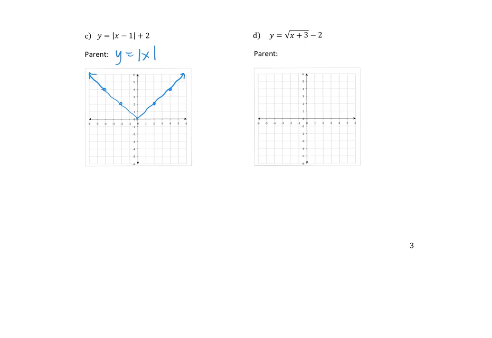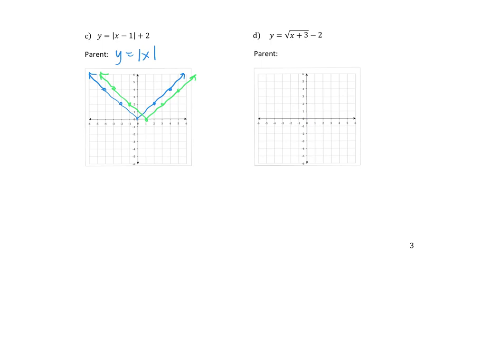So I'm going to take this absolute value function, and the minus 1 means I'm going to go right 1 unit. So I'm going to move all of these points 1 to the right to get my first transformation, which is a translation 1 unit to the right. The next thing I'm going to do is the plus 2.